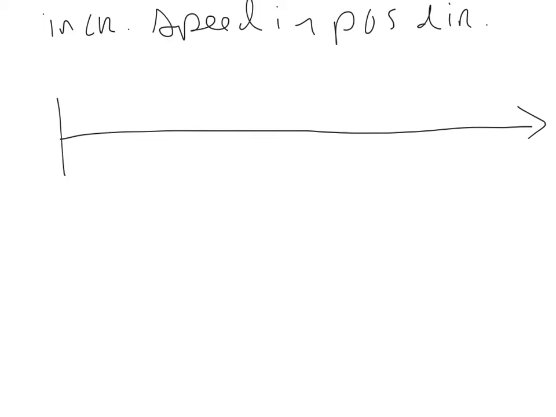Here's our motion map, and we're going to make this qualitative. Let's say we've got our velocity vectors, so we're starting anywhere. Let's start at 0. And we're moving in the positive direction. Increasing speed. So what that means is that my arrows are going to be getting longer.